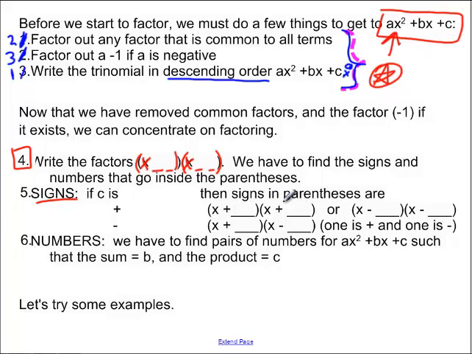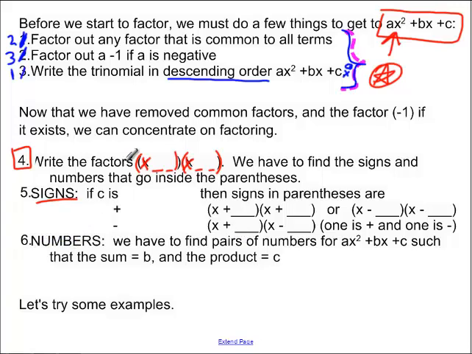So it's either positive times positive gives me a positive, or negative times negative gives me a positive. If c is negative, then we've got either x plus something times x minus something, or x minus something times x plus something. And really that wouldn't matter. I'll bring that thought up in just a second.